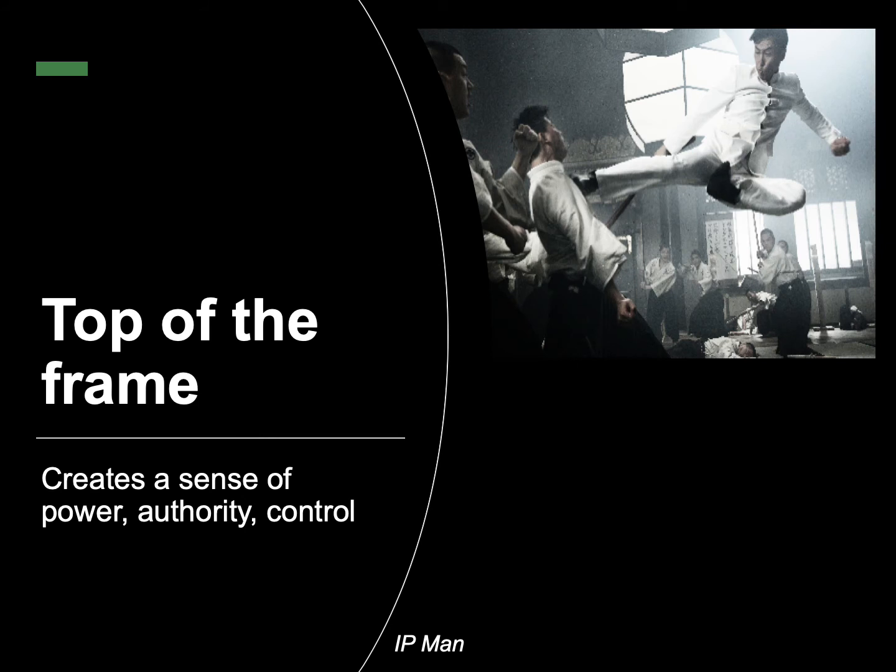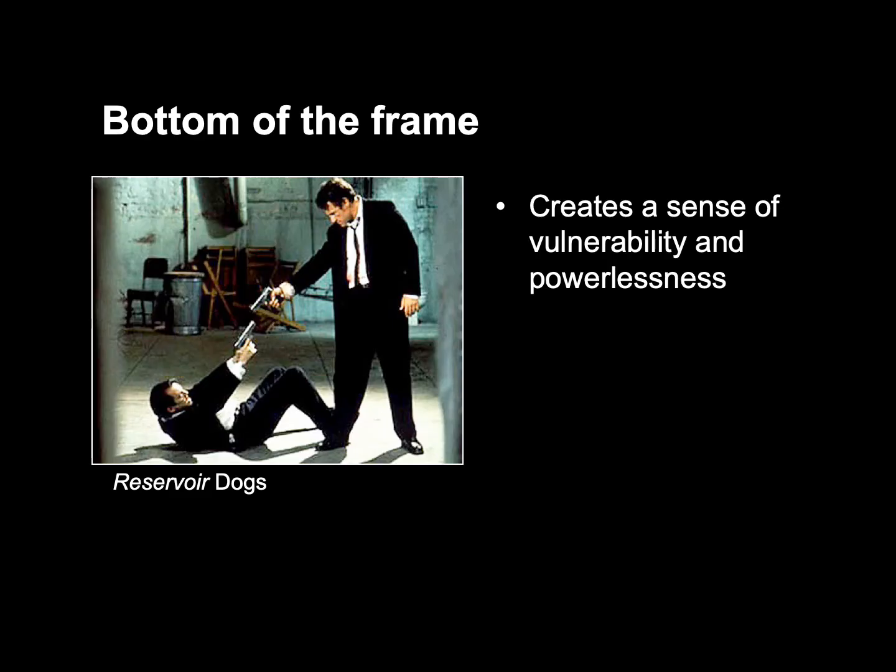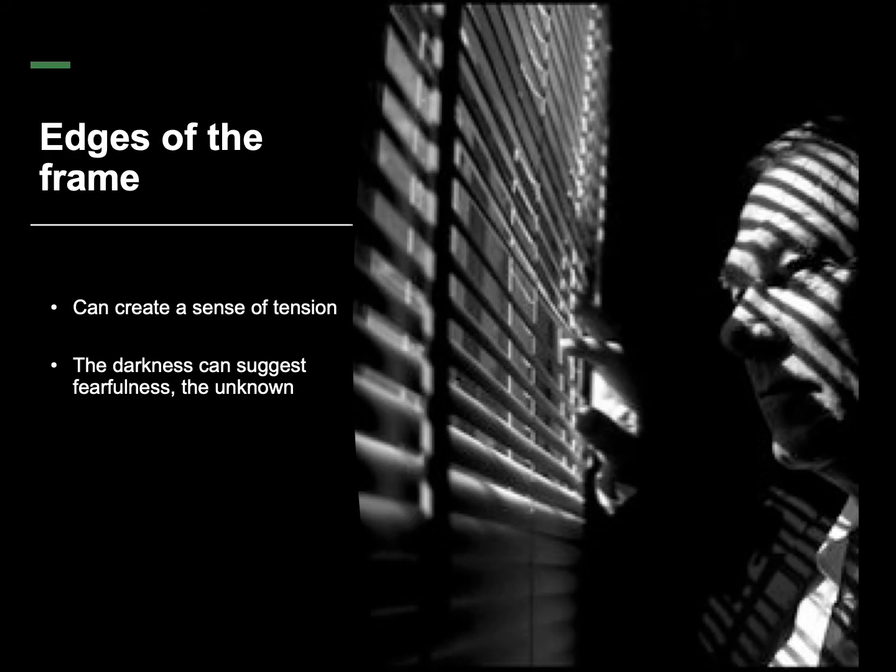Exploiting the top of the frame can be used to create a sense of power, authority, and control. Exploiting the bottom of the frame creates a sense of vulnerability and powerlessness. The edges of the frame can create a sense of tension, and the darkness can suggest fearfulness or the unknown.